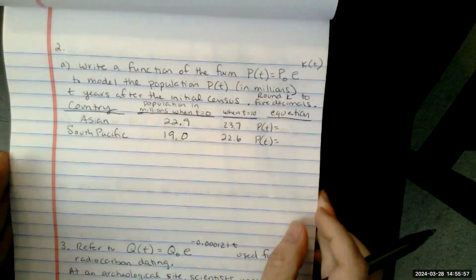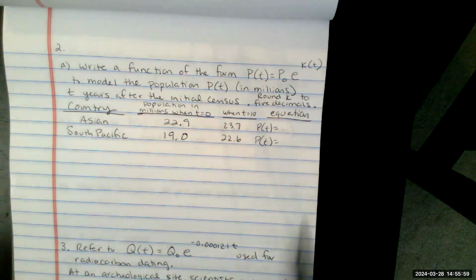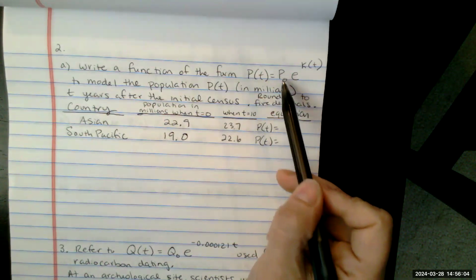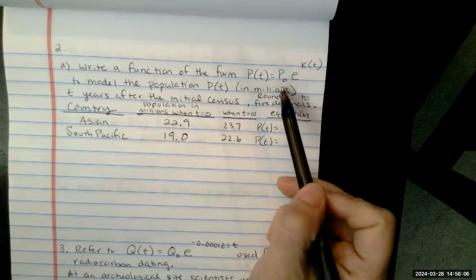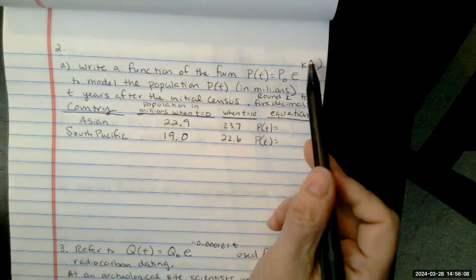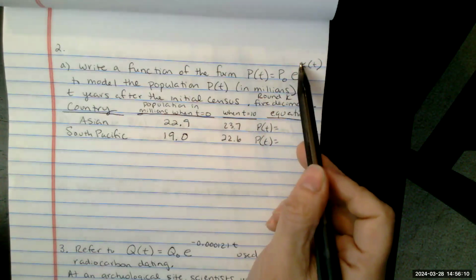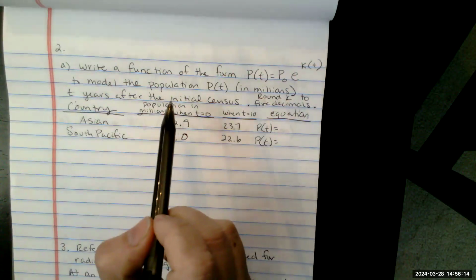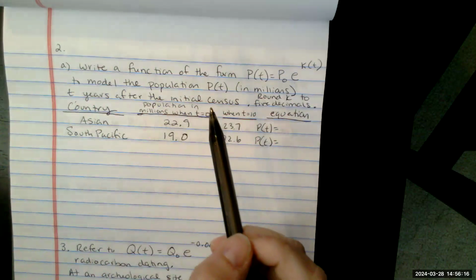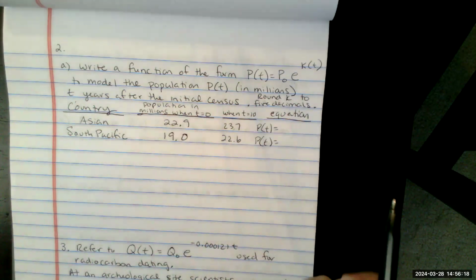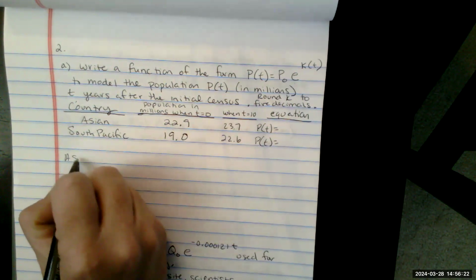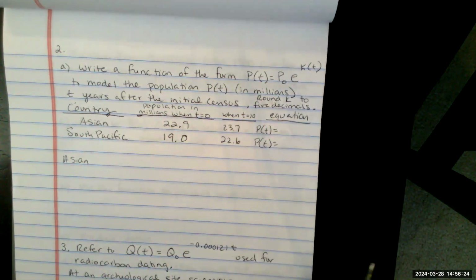Same type of equation here. P of t equals P sub 0, which means the initial population, times e to the k, which is like the rate, times t. We're using this to model the population in millions, t years after the initial census. First I'm going to do it for the Asian country.